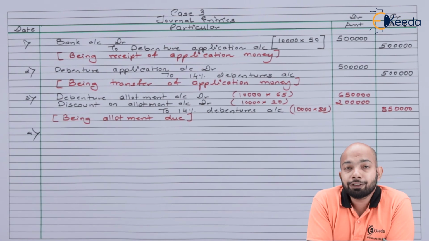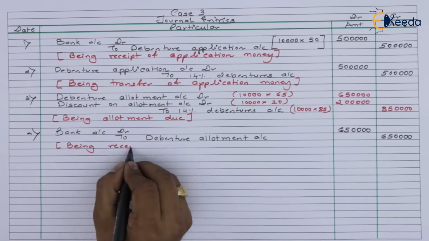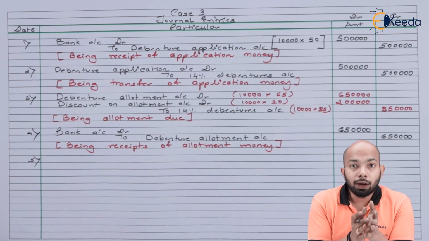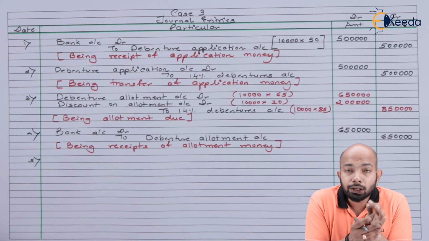Now, the next entry that we have to pass here is receipt of allotment money. After this allotment, we have to mention the second last entry, that is final call due.